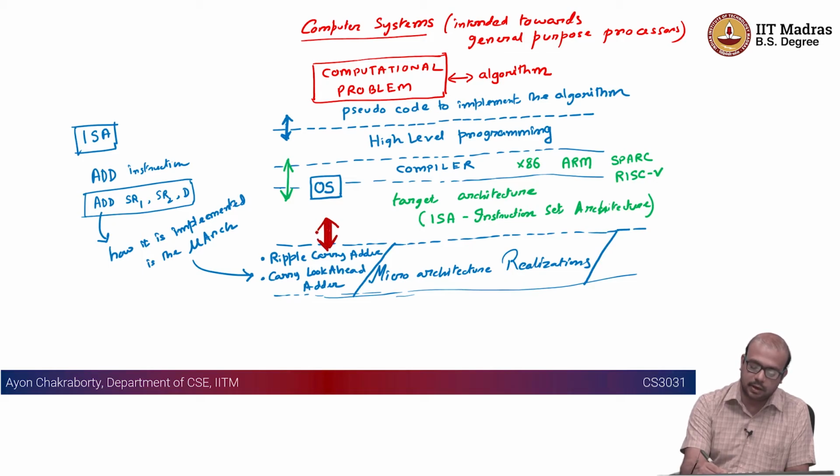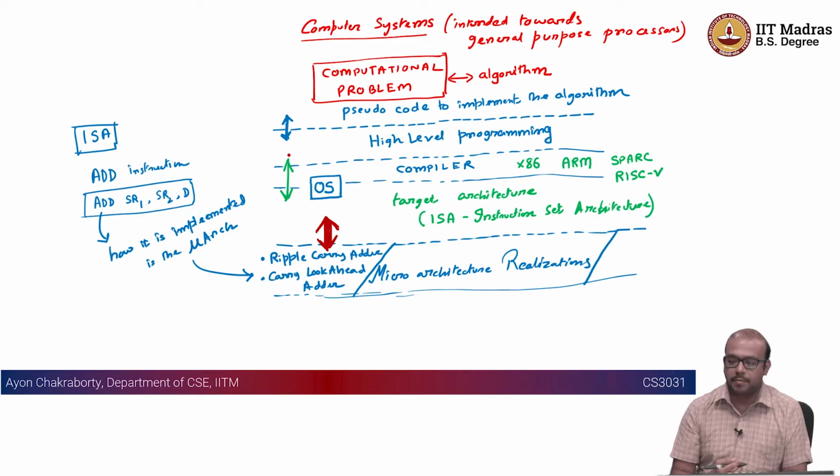So, the first thing is the compiler. The compiler converts your complicated program into a set of very simple instructions, and those simple instructions, I am calling them simple particularly in terms of RISC processors, where you typically have simpler instructions. x86 is an example of a complex instruction set architecture, or CISC processors.